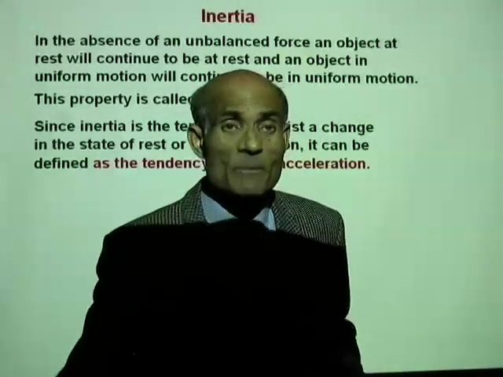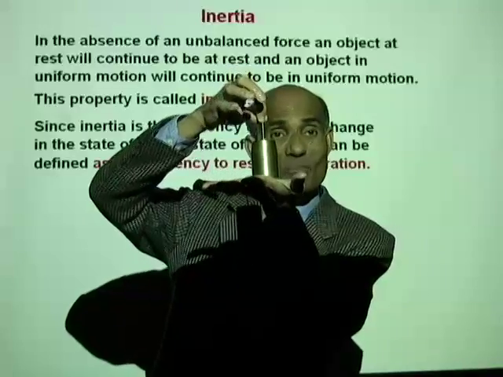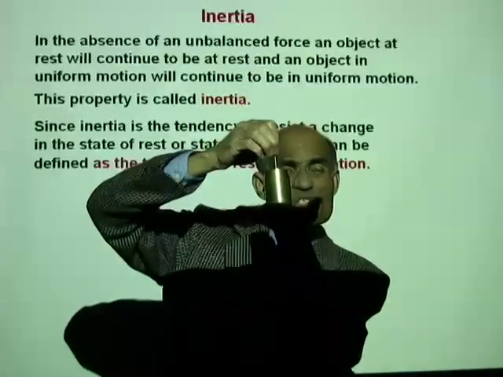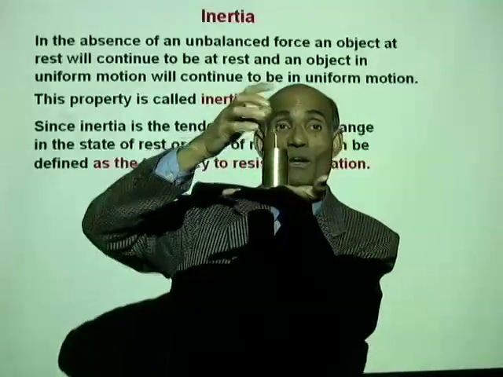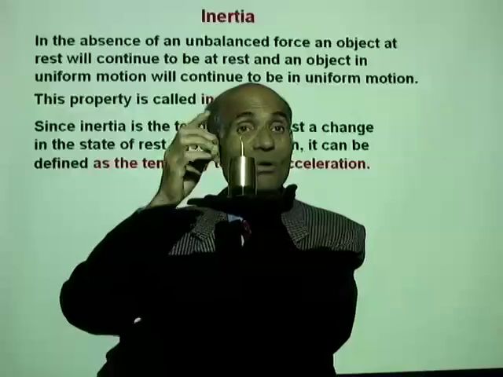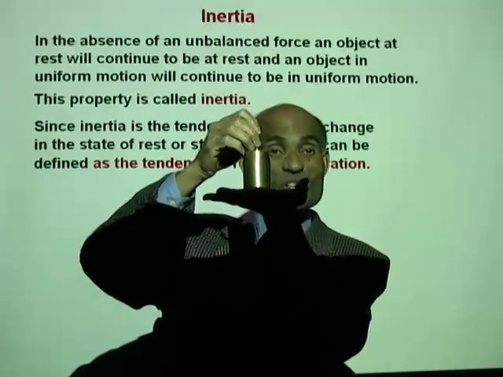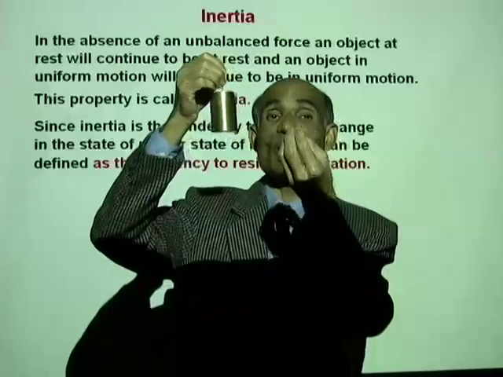Now remember, if I want to change the state of rest of this object, I need to apply a force on it and lift it. And remember, when it is at rest, its velocity is zero. The moment I move it from its rest position, I am changing its velocity.